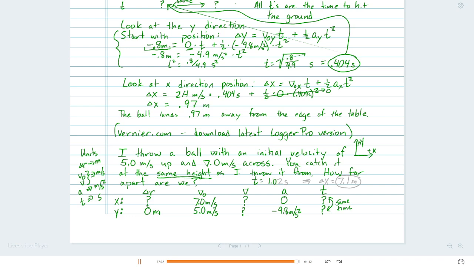Our time here is 1.02 seconds. We get that from our position equation. 0 is 5 times t plus 1/2 times 9.8 times t squared.